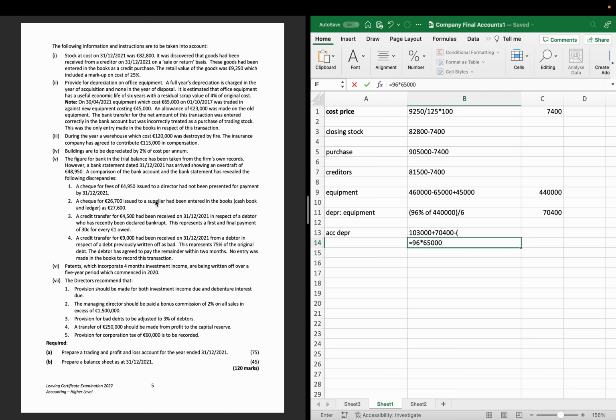So a full year's depreciation in the year you bought it. So you bought it on the 1st of the 10th, 2017. So you have a full year's depreciation 2017, you have a full year's in 18, you have a full year's in 19, you have a full year's in 20. So you've depreciated for 4 years. You haven't depreciated the last one for 2021. So we're going to multiply that by 4/6.